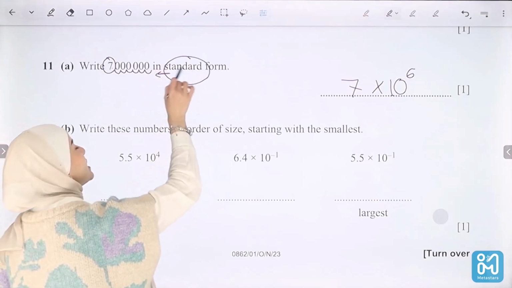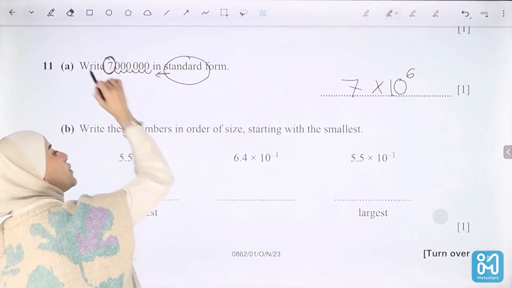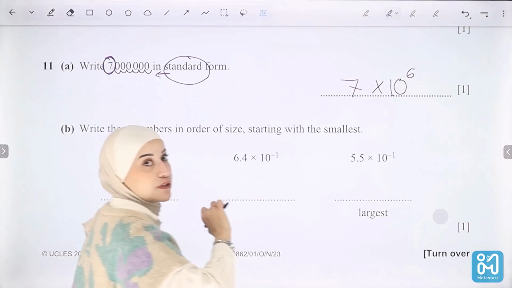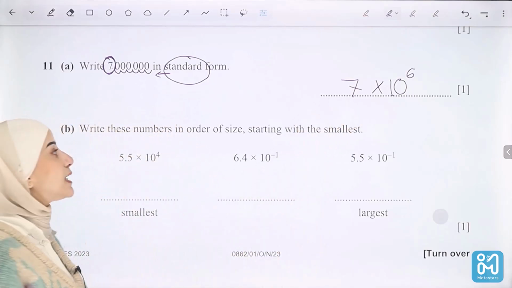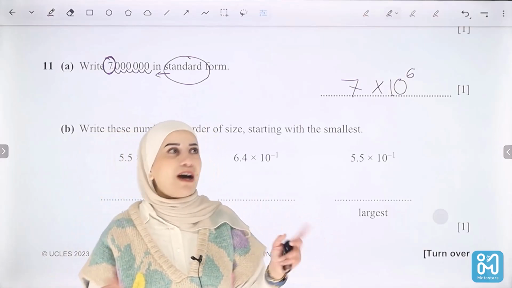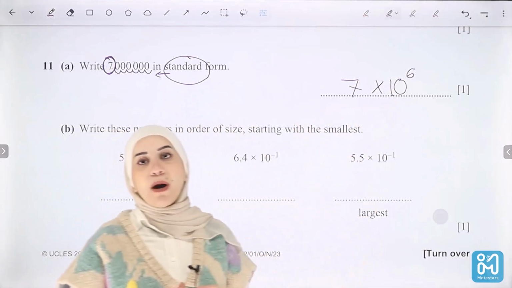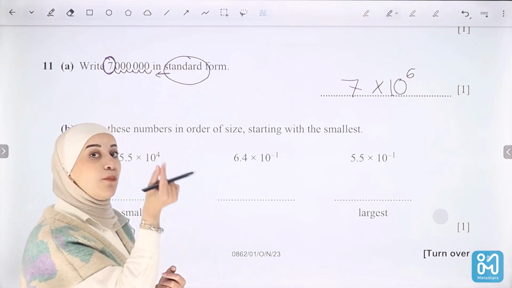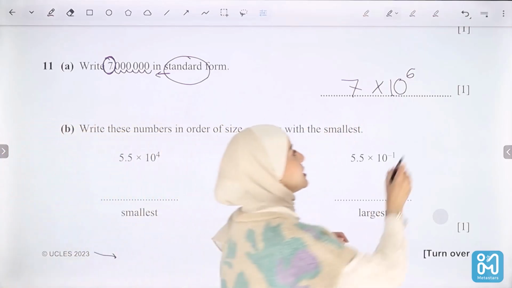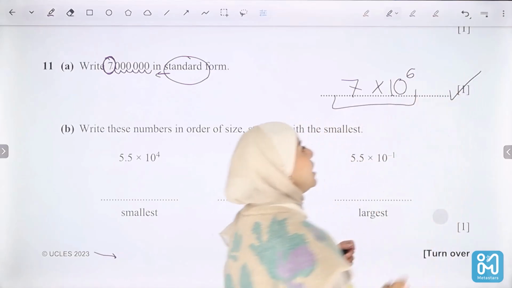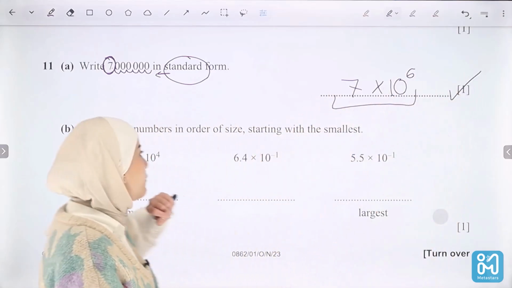So writing a number in standard form, the first number that should be multiplied by a power of 10 should be between 1 and 10. As you can see, 7 is between 1 and 10. But I don't want to lose its value, so I'm going to have the power of 10 with a positive index. The number of places that we went back, in that case, is 6. Both should be written for the mark. The number with the power of 10.